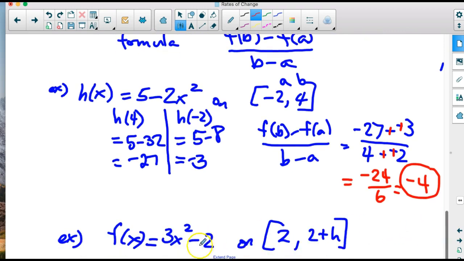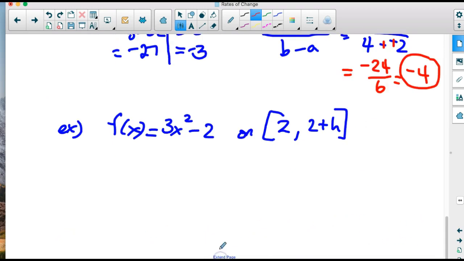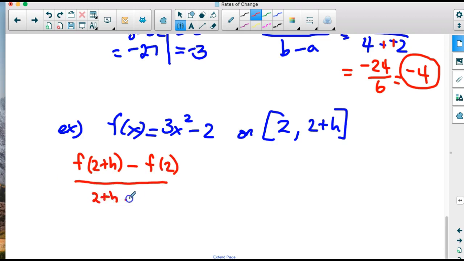Okay, last problem here. In this part of average rates and rates of change, we're going to plug in something else here. We're going to plug in a value that's not a constant. So we're going to do f of 2 plus h minus f of 2 all over 2 plus h minus 2.